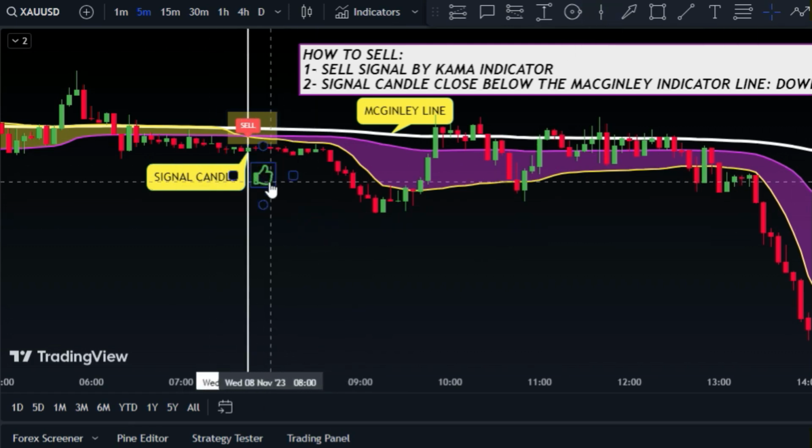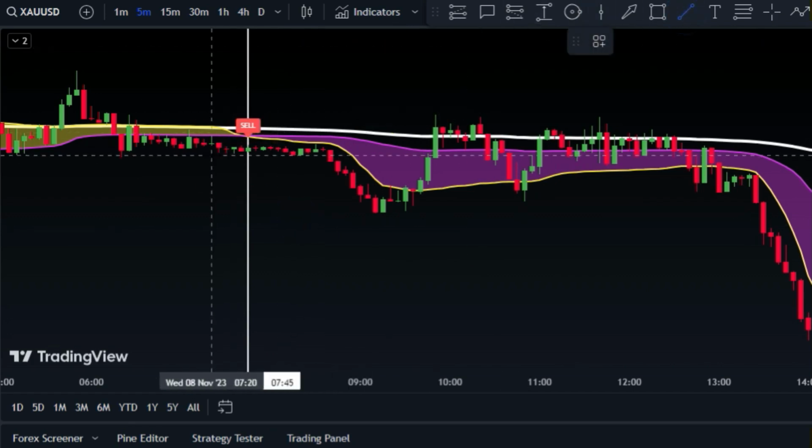If the signal fulfills these criteria, we can deem it verified and initiate a short trade.